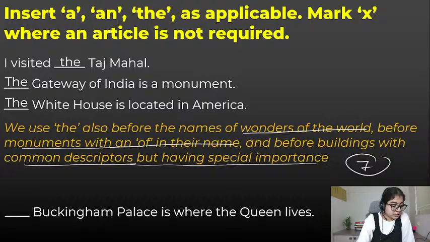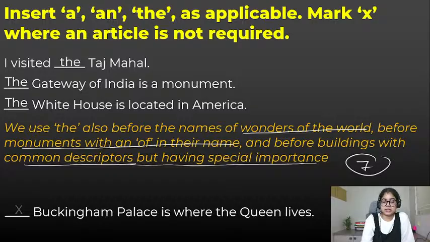Okay, using the same logic, Buckingham Palace के लिए क्या लगाना चाहिए? Dash Buckingham Palace is where the Queen lives. Now, Buckingham Palace could be any palace located in Buckingham. So technically, it's a building with a common descriptor. So as per the previous rule, इसके आगे the लगना चाहिए.